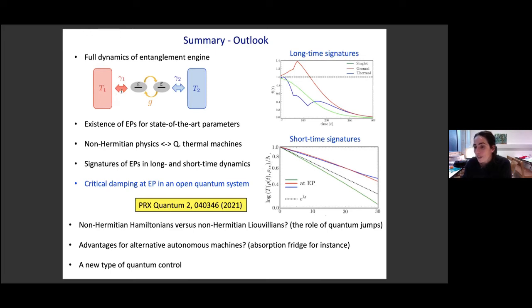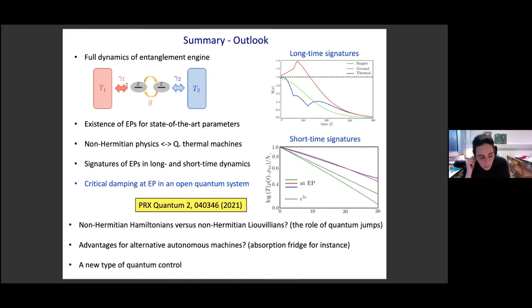So we have an exceptional point, but without PT symmetry. So with my students, we are determining the conditions under which this system could be PT symmetric. And I agree, but I don't know for the moment if we can evidence a dynamical phase transition. It's not clear to me. But as you say, if we go to larger systems, it might be a good option.